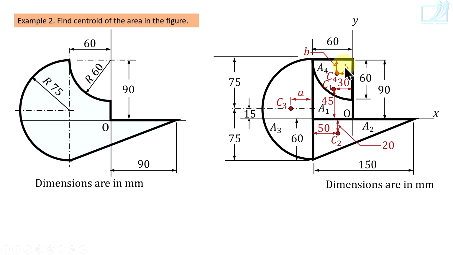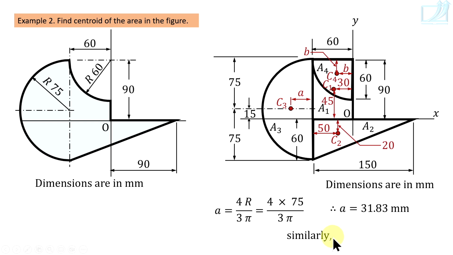But right now in the diagram I have labeled it as B. The centroid of a quarter circular area lies at a distance 4r by 3 pi from perpendicular edges. Okay. Now let's calculate the first value A. Use the corresponding radius which is 75 and this is A. Similarly, B is equal to, use the corresponding radius 60. The expression is the same, 4r by 3 pi, and you will get B as 25.46 millimeter.